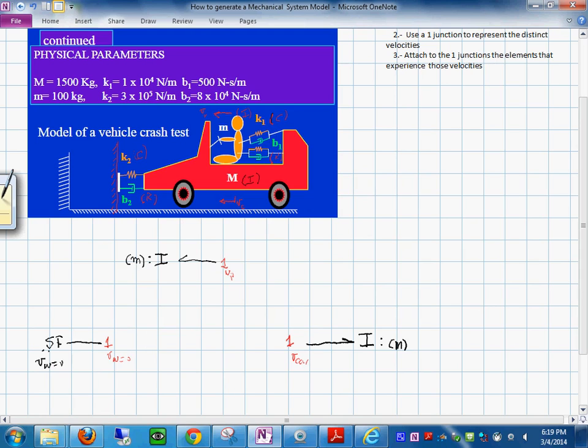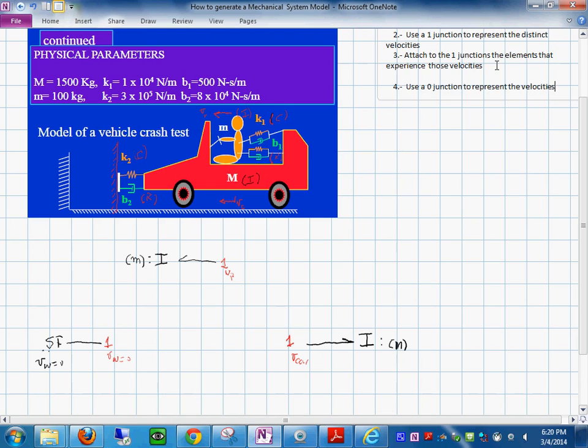Step number 4, we are going to say use a zero junction to represent the velocity differences.